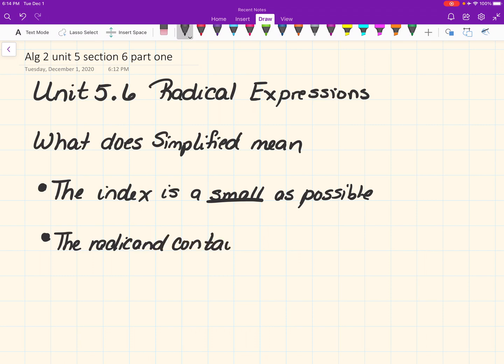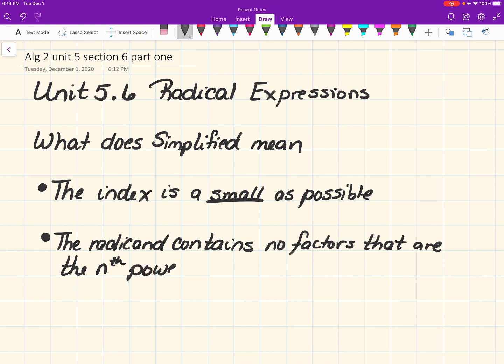And this part's already written out. Contains no factors that are the nth power. In other words, if there's a jailbreak that can be done, you have to do it.